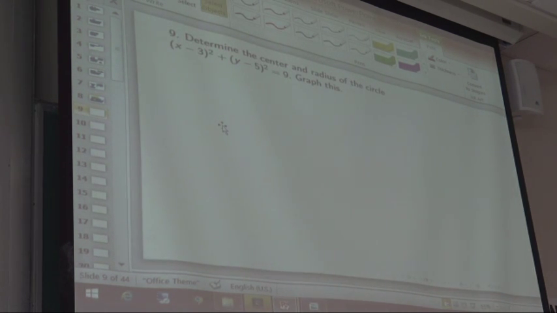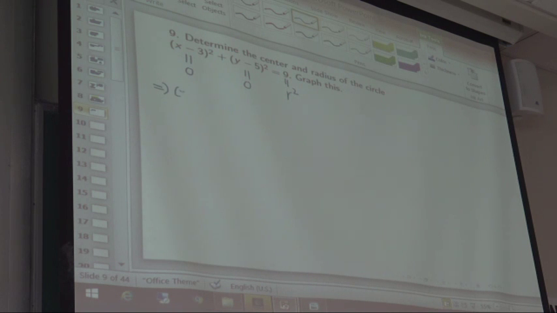Now we want to determine the center and the radius of the circle of the given equation, x minus 3 squared plus y minus 5 squared equals 9. And we want to graph the circle. The center is, we set this inside is 0 and this inside is 0 and this is r squared.